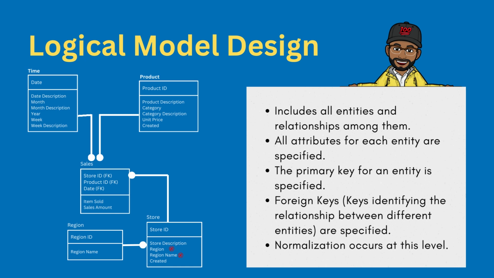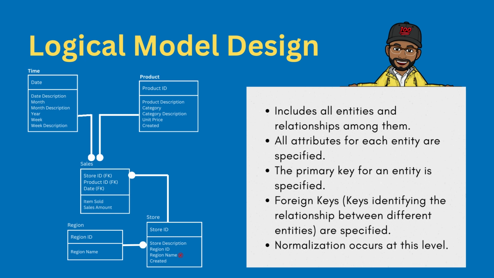We are going to delete these two fields from the store table, and here we keep only the region ID column. This region ID is connected with the region ID in the region table, which has region ID and region name.